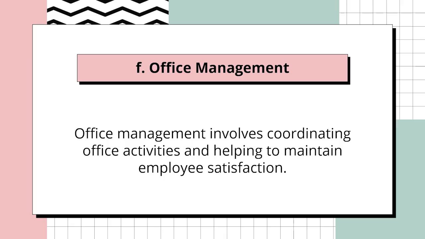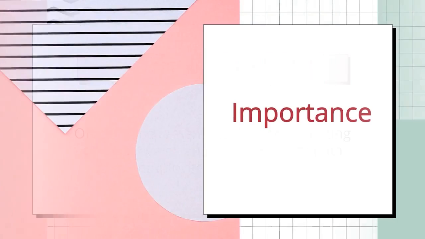Actually, medyo papasok din siya dun sa operations management, but just to give importance dun sa mismong office management, nakahiwalay siya dito. So, in order to coordinate all the activities that are being done in the office and yung pag-maintain sa employee satisfaction, so it is under the office management.